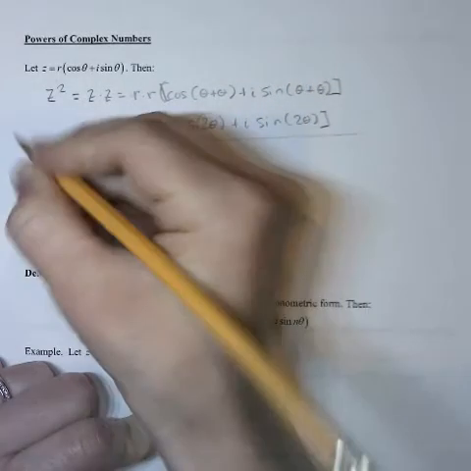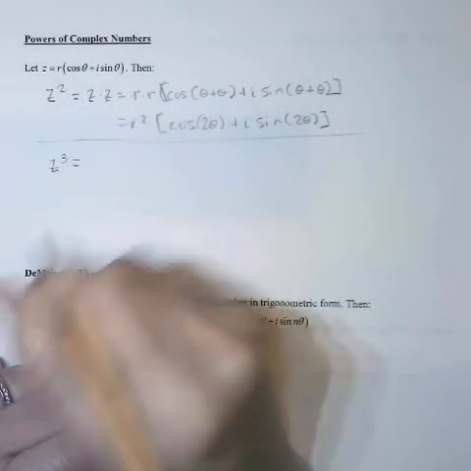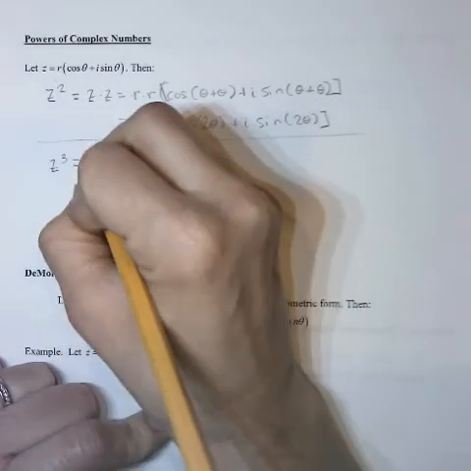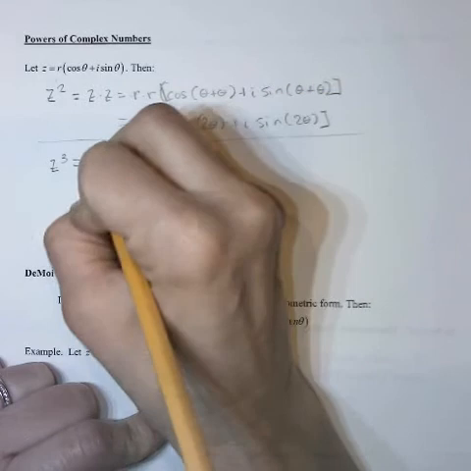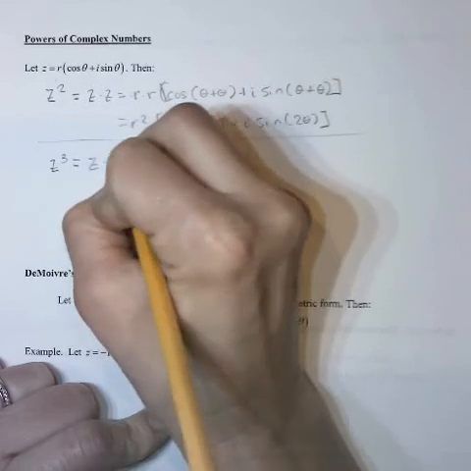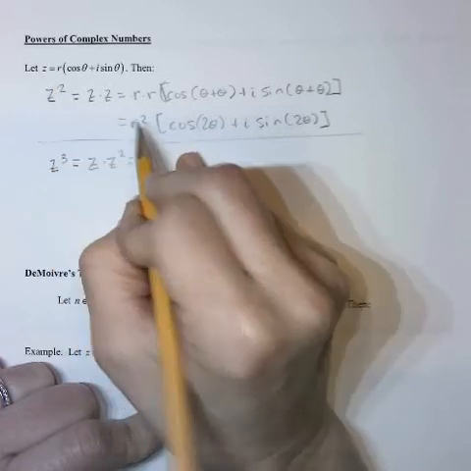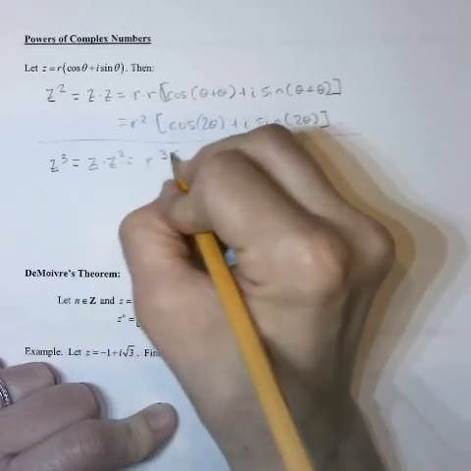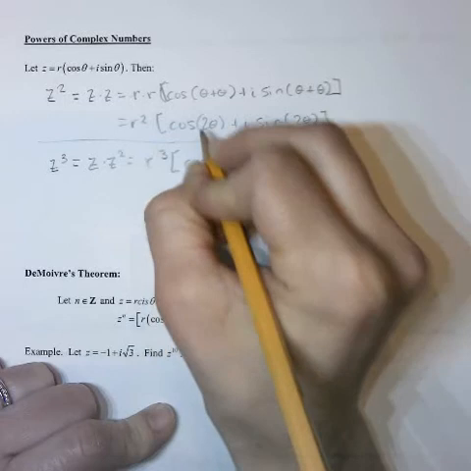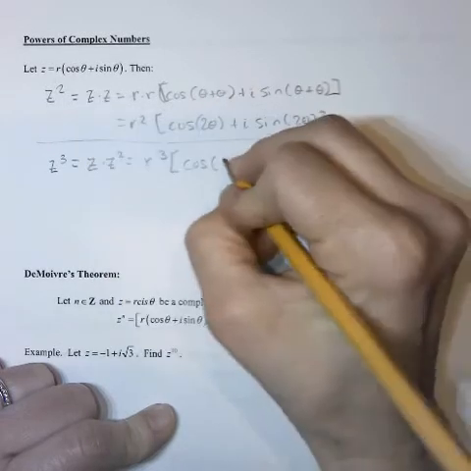And then with the next power, z cubed, we would take the result for z squared and multiply it times z. So we'd get r times r squared is r cubed, cosine of theta plus 2 theta.